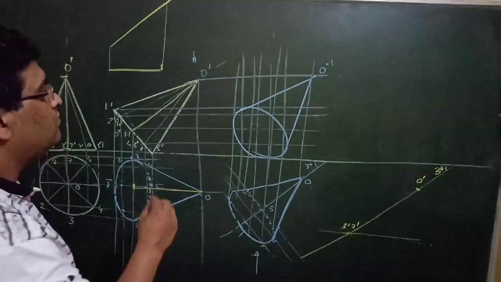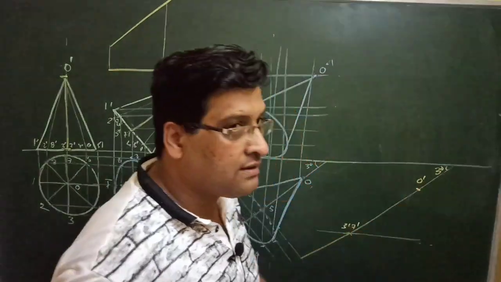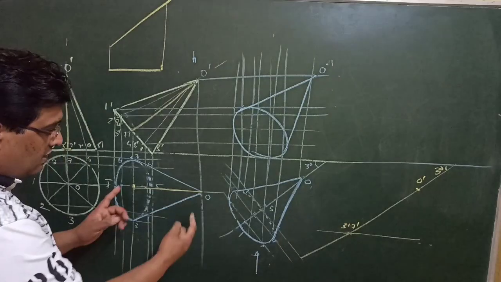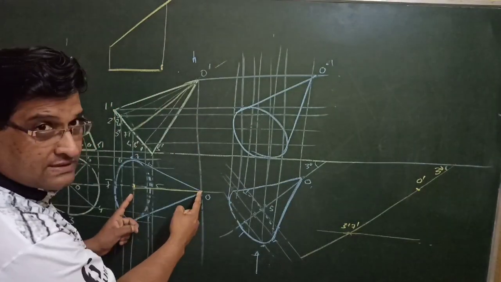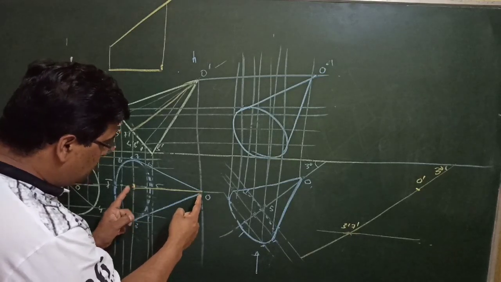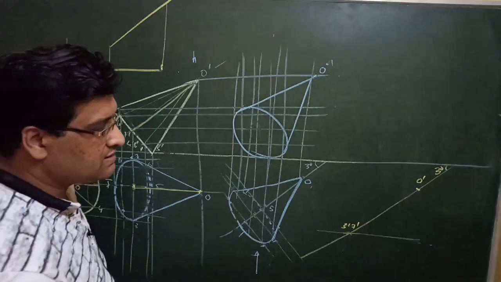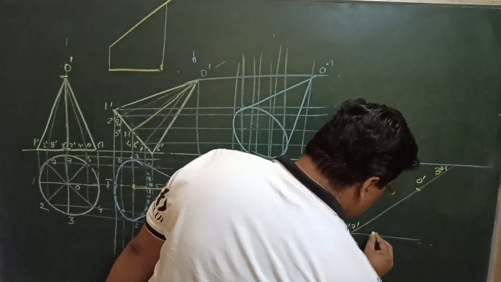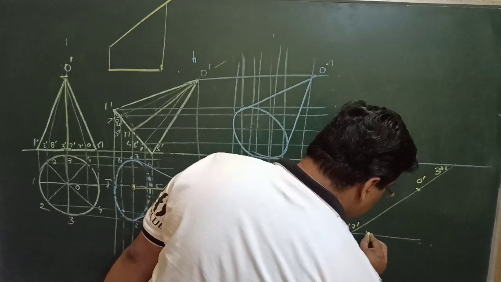Now what we are doing, we are trying to find out position here. Now what to do? Now take this distance, that is top view of this axis. You can take this distance from here, put at O and cut this horizontal line, say somewhere around here.